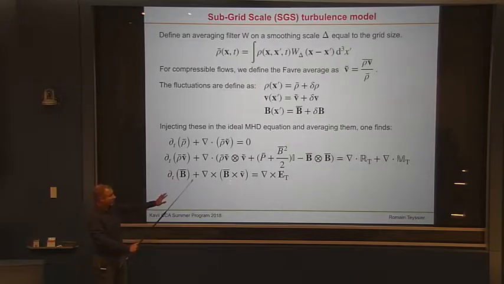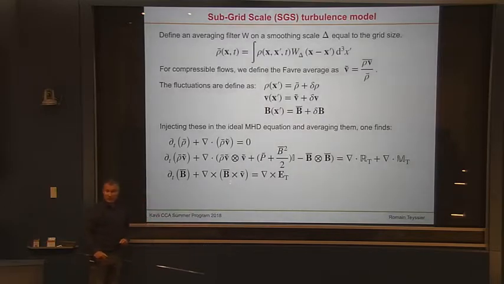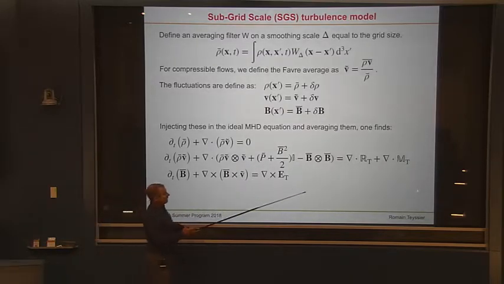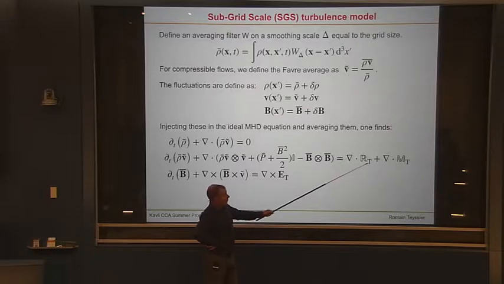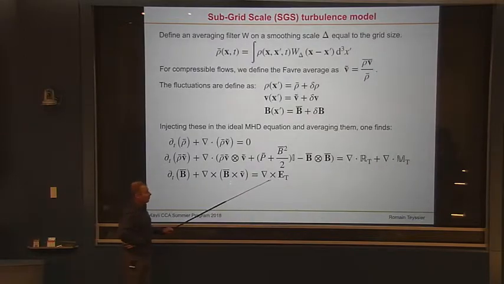We are familiar with this one, plus a new term, which is the curl of a new electromotive force, which is called the turbulent electromotive force. Right? So now those guys are defined as the turbulent Reynolds stress. So it's really like a turbulent stress. It's like a force, if you want. And that's the Maxwell stress. So it's a force due to the fluctuation of the magnetic field. And this one is called the turbulent electromotive force, or the turbulent electric field.